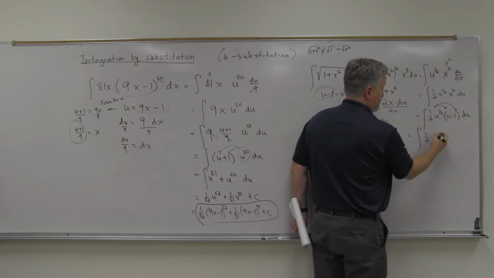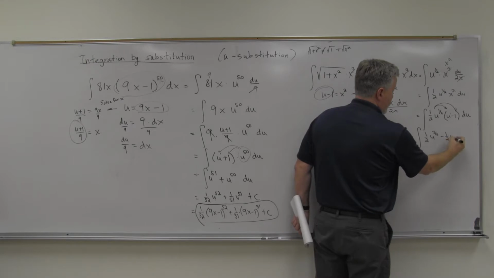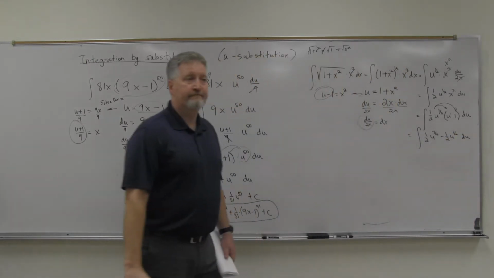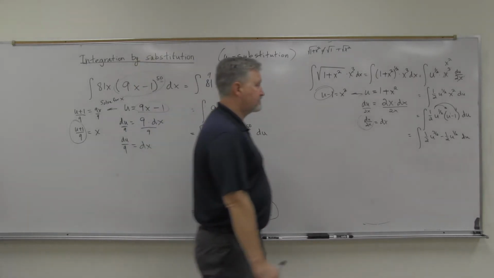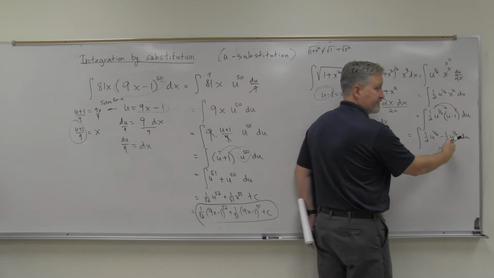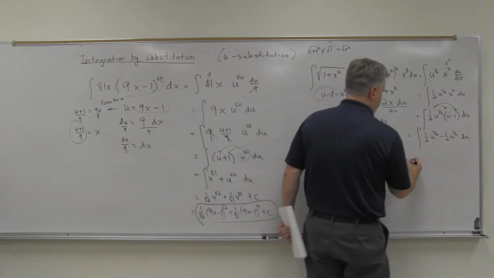That'd be 1/2 u to the 3/2. And then 1/2 u to the 1/2 times negative 1 is just minus 1/2 u to the 1/2. So now it's not multiplication, it's just subtraction. And I can do subtraction antiderivatives like this all day long.